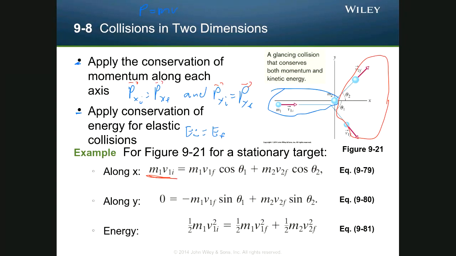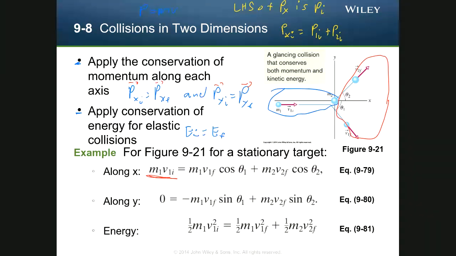So for the left-hand side of x, px is pi, and that's that first equation that says along x. Basically, I've seen that px initial is equal to p1 initial plus p2 initial.